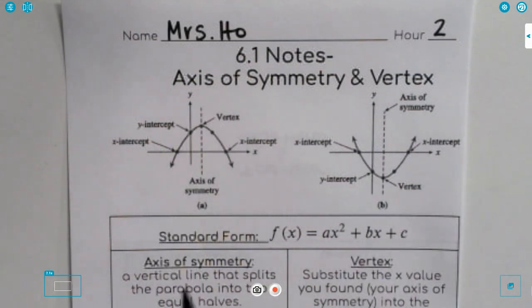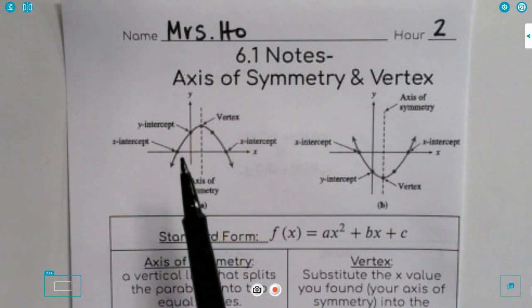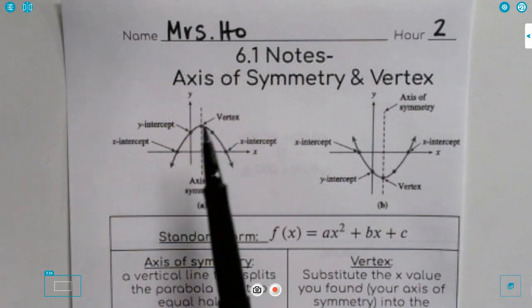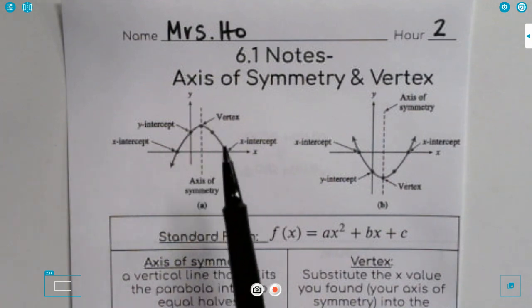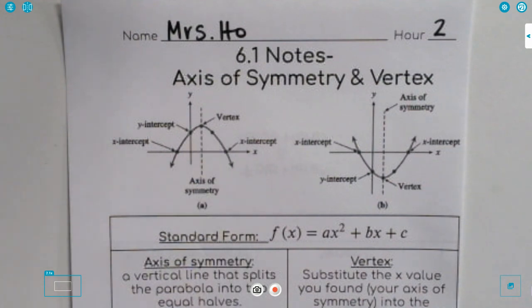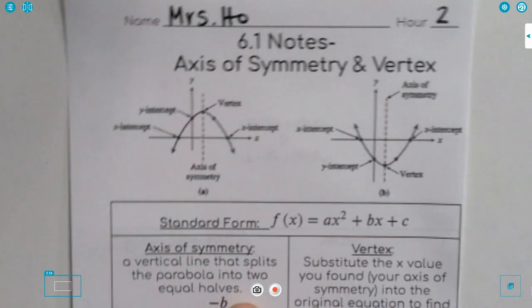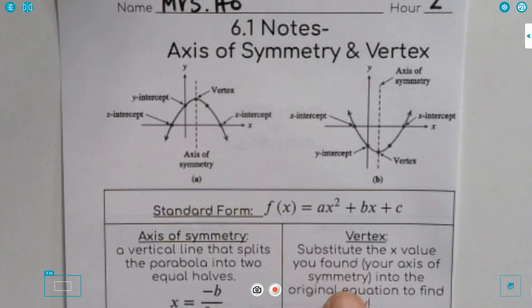When we graph it, we're going to graph two x-intercepts, a y-intercept, a vertex, an axis of symmetry, and reflect the vertex. But that's way too many things to learn in one day. So we have to learn things piece by piece. Today we're just learning the first two pieces, which are the axis of symmetry and the vertex.